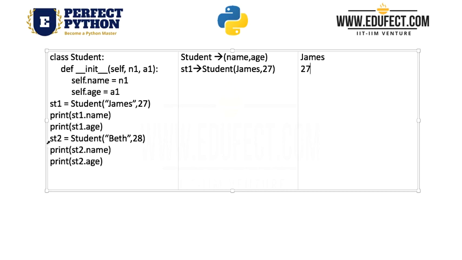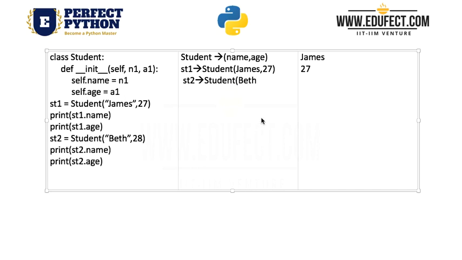Then here we are saying st2 is equal to student Beth comma 28, which means we have now created another student. The name of the student is st2. It is an object of type student, and what values will it get? We have passed two values, Beth and 28, to the constructor, so name will now get Beth and age will get 28 for st2.